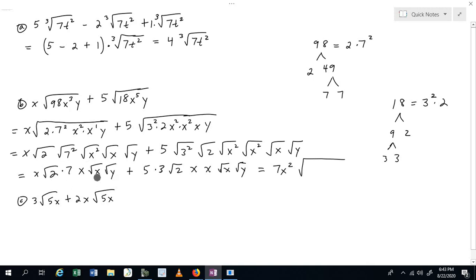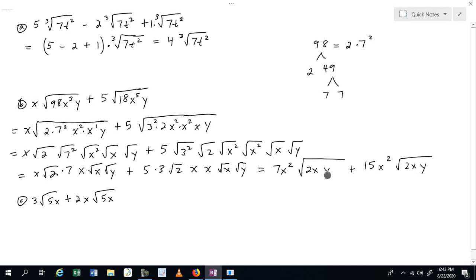I can put that under 1 square root, plus this appears to be 15, right? 3 times 5 is 15, and then x squared. And then under the radical, I'm left with 2xy again.